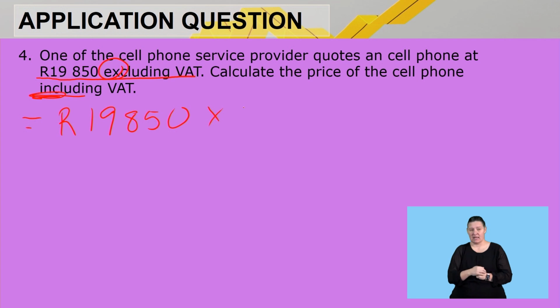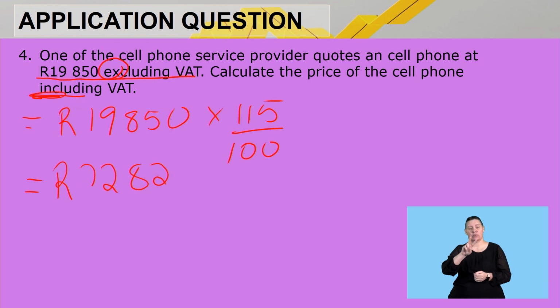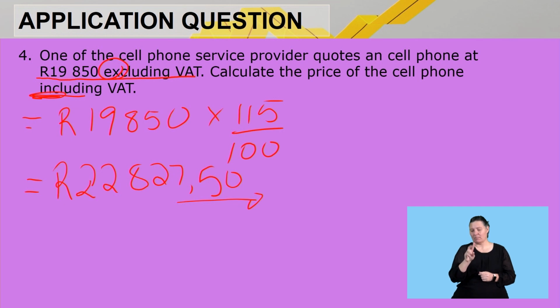We're going to multiply 19,850 by 115 over 100. That gives us a total amount to be paid of 22,827.5. After a comma, if there's only one digit, you just add a 0 to make it 50 cents. So it equals 22,827.50.